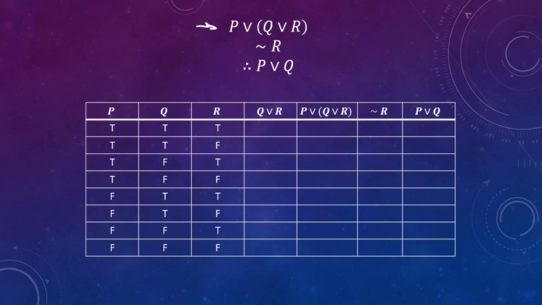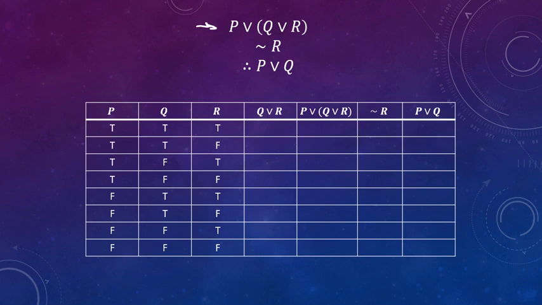Step number two, you're only going to focus on the rows in which all hypotheses are true at the same time. These are called the critical rows. And we can circle these, we can put arrows next to them, whatever it is that you want to do just to highlight those rows.